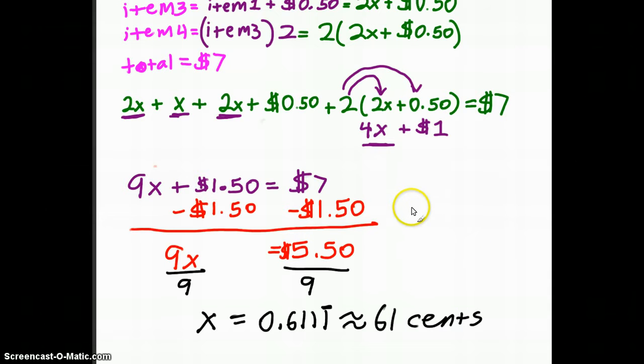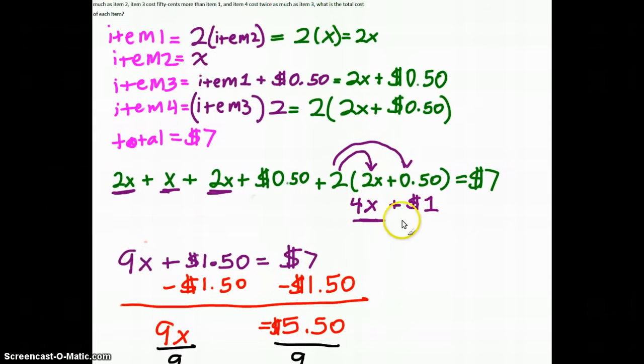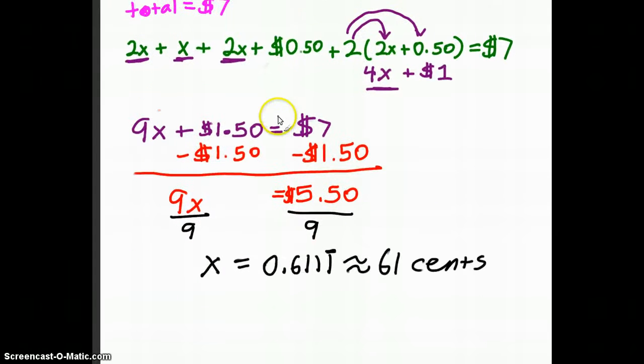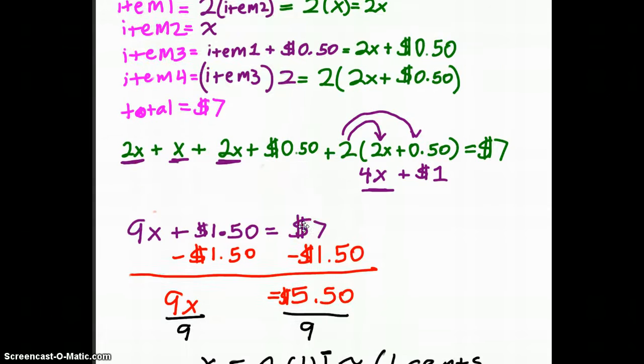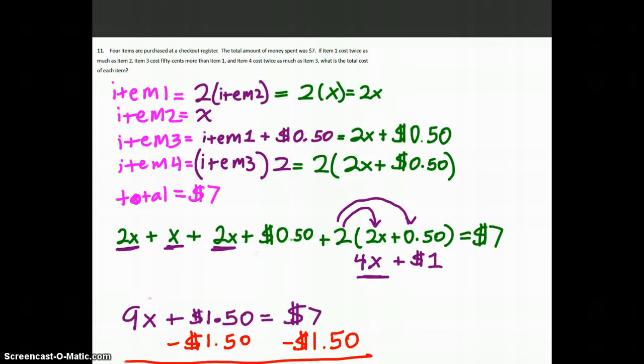Knowing that, I can now come back up and start answering the actual question that was asked up here with these item values here. So looking at this, if I take the 61 cents, which is x, and plug it back in, I know that item 1 is going to be 2 times 61 cents.